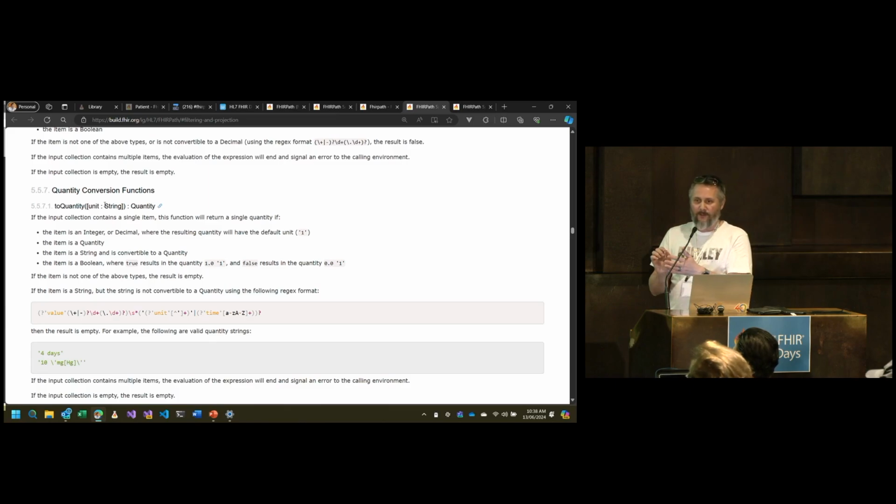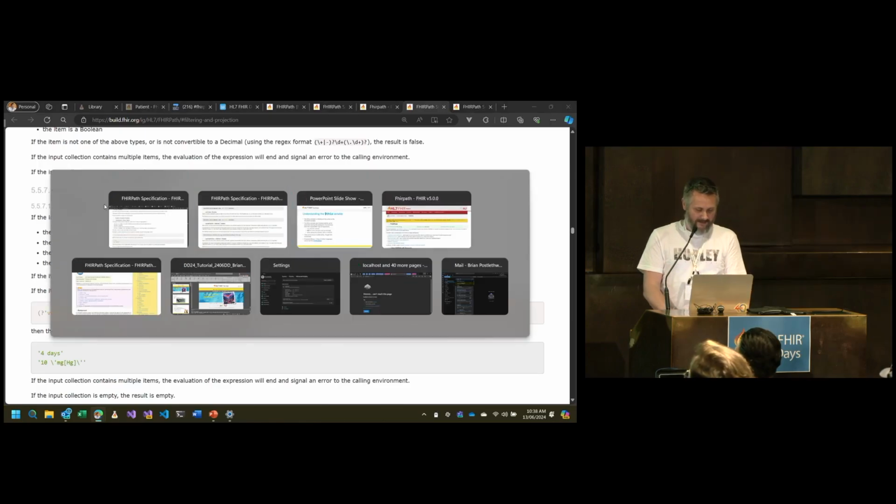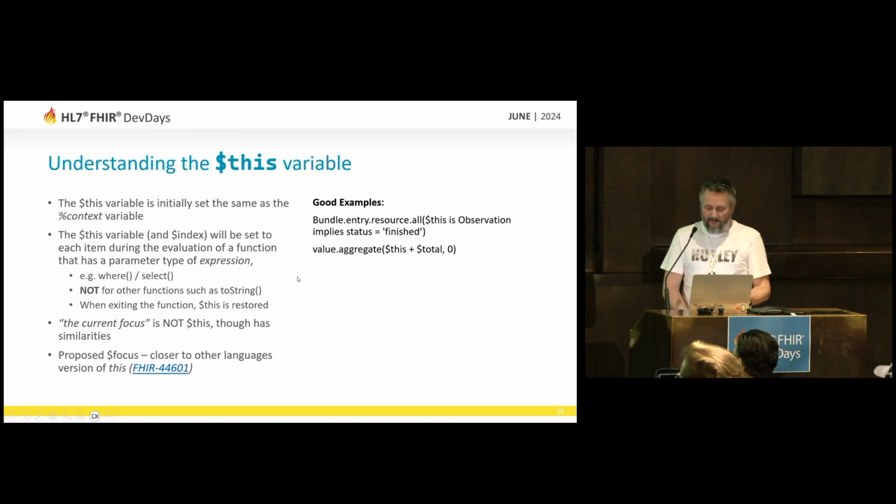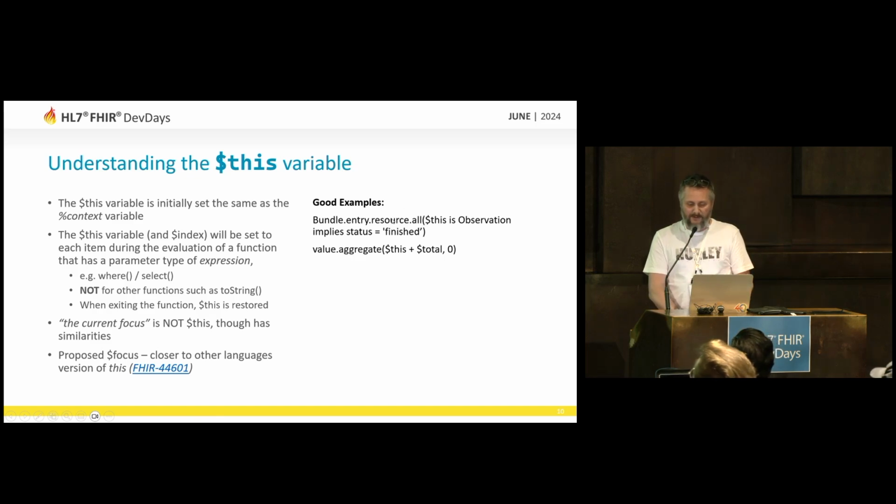Another really good one is when you're doing string manipulation, like .substring. Where are the slides? Did I have that? Yep, so good examples: bundle.entry.resource.all. So yes, this is a collection, and now we're iterating through, so $this is a really good place for using that.